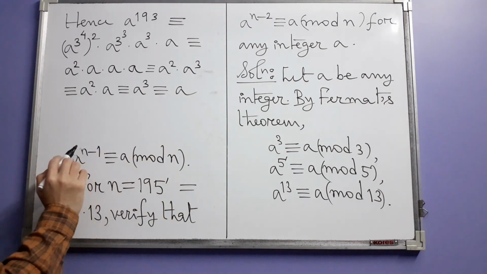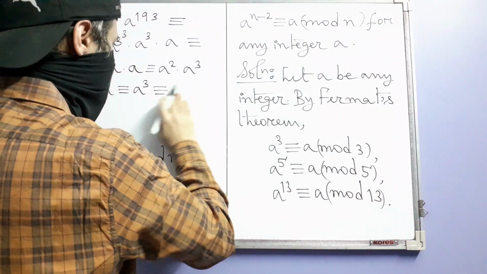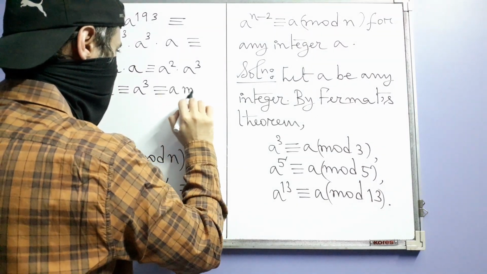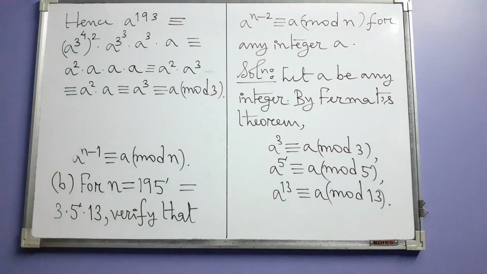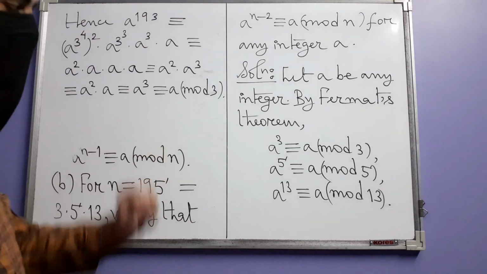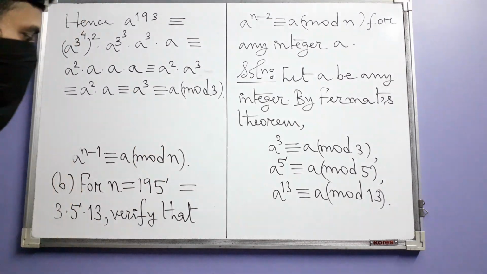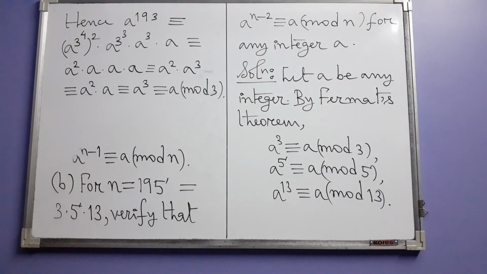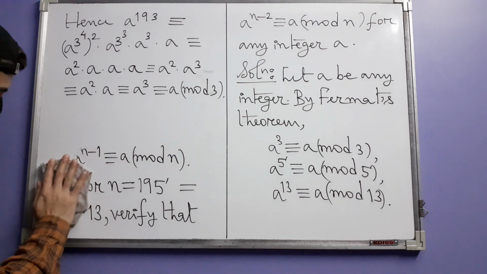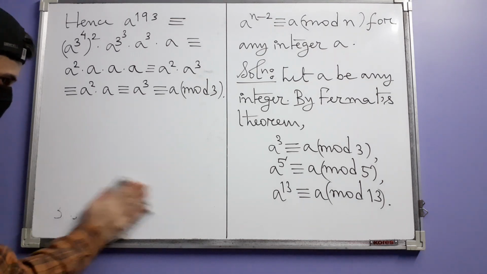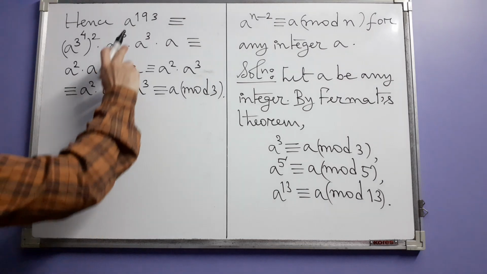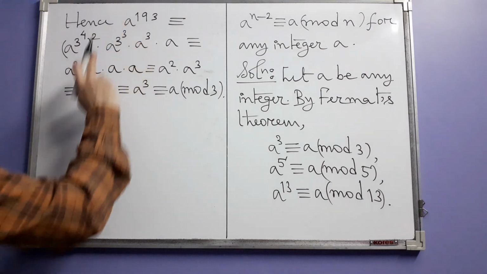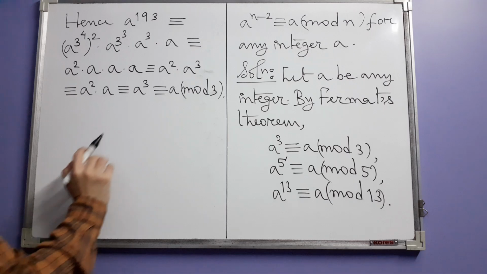So this is congruent to a. I can write a little more carefully and write the modulus here itself. Okay, so a to the power 193 really is congruent to a modulo 3. Similarly, we are going to go for the other two primes, 5 and 13. And accordingly, the way we break this thing down now will be different.